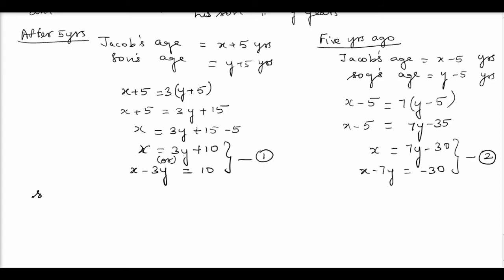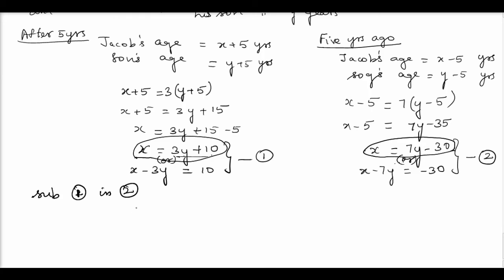Okay, now let me substitute equation 1 in equation 2. I can take any one of the equations. So I'm going to take this equation as equation 1 and this equation as equation 2. So let me substitute equation 1 in 2 so that I get 3y plus 10 equals 7y minus 30.